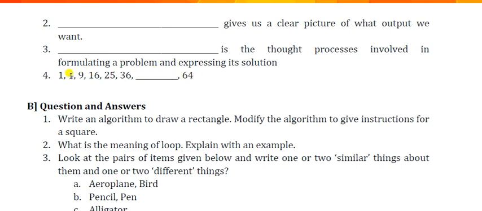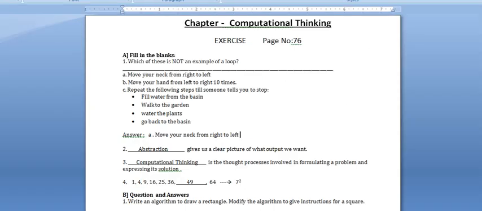You have to identify the pattern in the numbers. The pattern here is 1 is 1 square, 2 square is equal to 4, 3 square is 9, 4 square is 16, 5 square is 25, 6 square is 36 and 7 square is 49, and that is your answer.